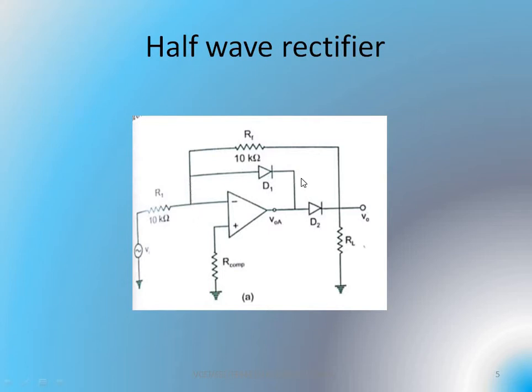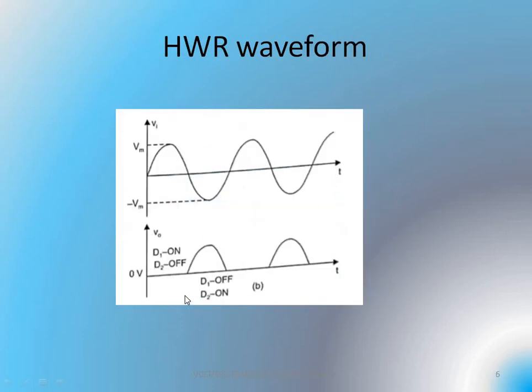So the circuit here becomes closed and due to this positive cycle you are getting a negative output. This negative output will open this circuit. When this circuit is open, you can find that the output terminal is disconnected from the operational amplifier, and that's why you are getting an output of 0 for the applied positive half cycle. So under this condition the D1 diode is on and the D2 diode is off.